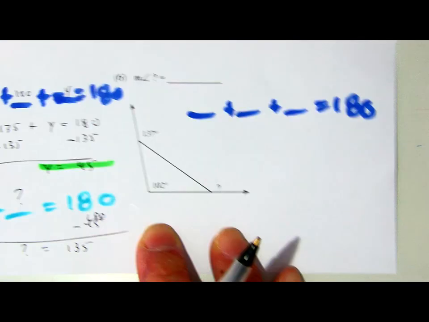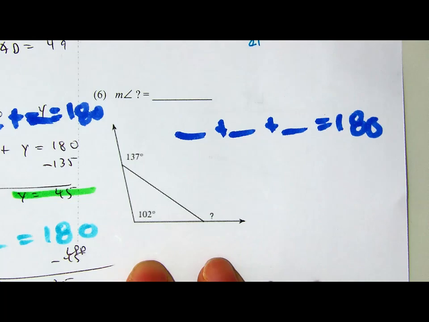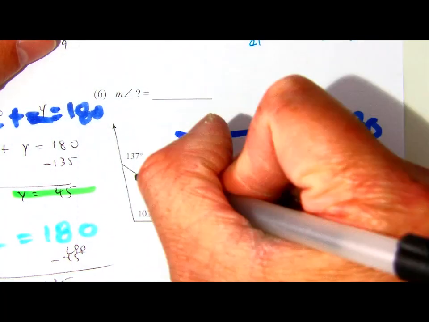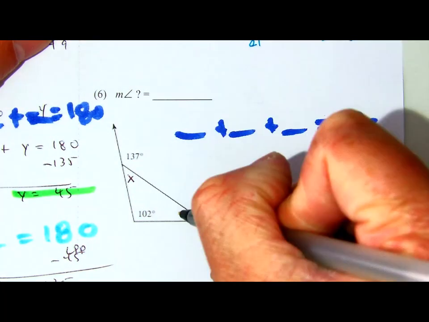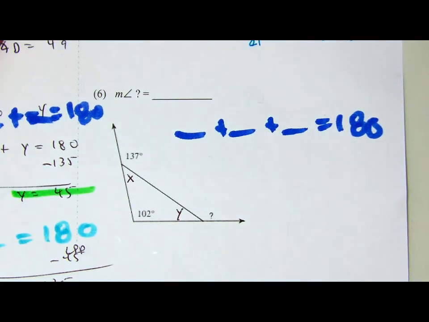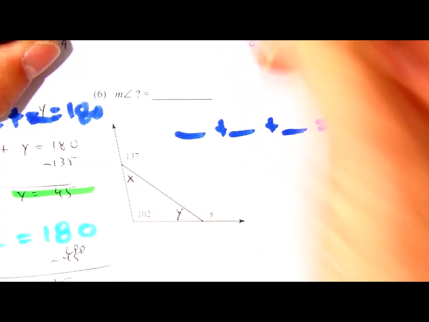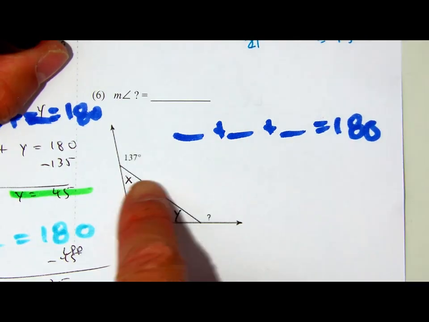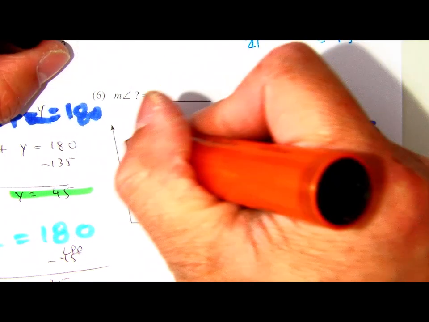There is a shortcut. Let's see if I can discover it as I'm doing it. Okay, so I'm probably going to do x, y, and then the question mark. Put your finger where you're going to start. Not here, not there, right here.